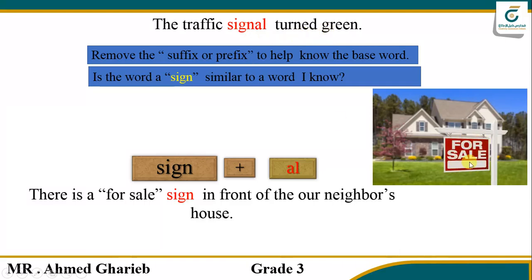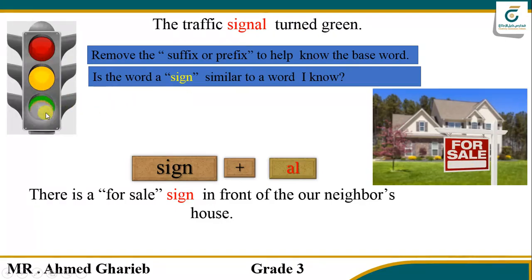So something like that in the street, in the traffic, and turned green, it must be this one, the traffic signal. It's a device or something in the street, in the sideways. Why? To tell the drivers what to do. Should they stop, move, walk slowly, and so on.